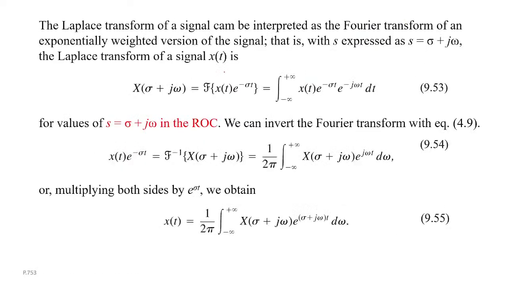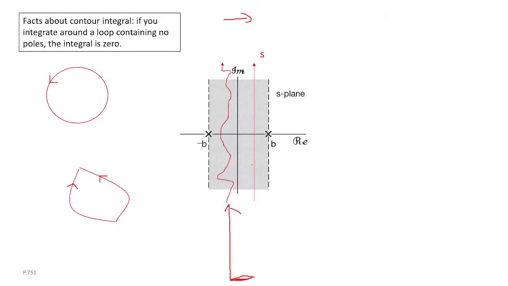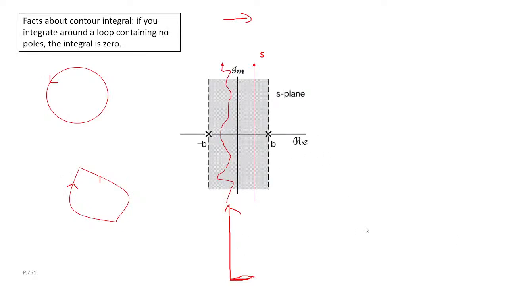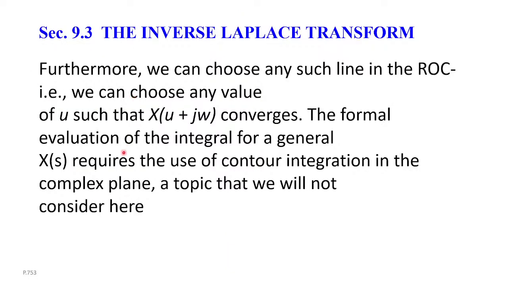I think that should be true if you want the Fourier transform to converge. Anyway, that's a little bit of contour integral, and we will not actually teach you how to do this.